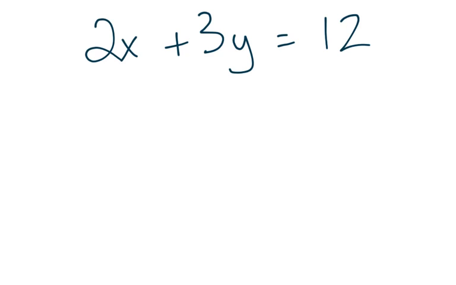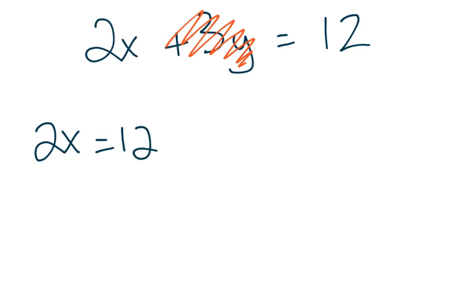Okay, so we're going to break this down into two separate equations. The first equation, we're going to pretend like 3y isn't there. So it's going to be 2x equals 12. Notice I just forgot about the y altogether.